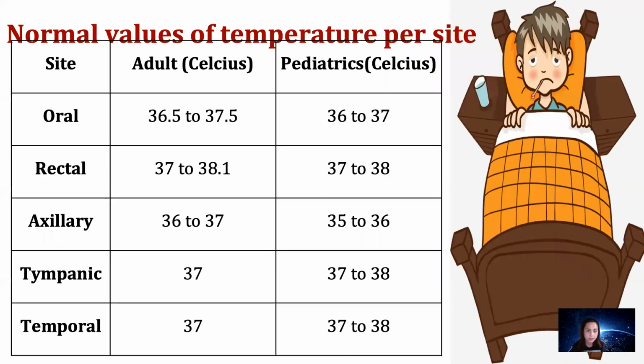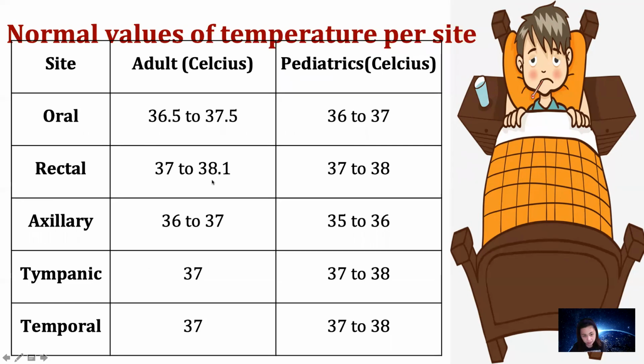So these are the normal values of temperature based on the age. We have the adult and we have the pediatric. So please be familiarized with the normal values of the temperature. You will notice that for rectal temperature, for the adult and for the pediatrics, the normal is 38.